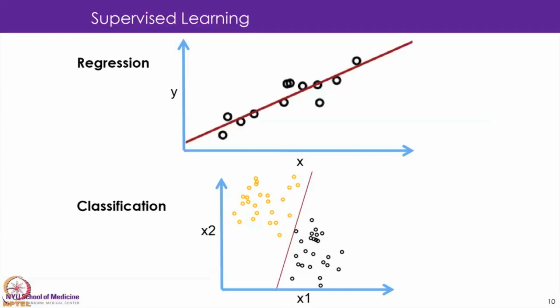We want to find the boundary so that when we've done the measurements, we can answer the question: will this patient survive for a short or a long time? And if we go back to the regression case, y could instead be how many months this patient will survive.